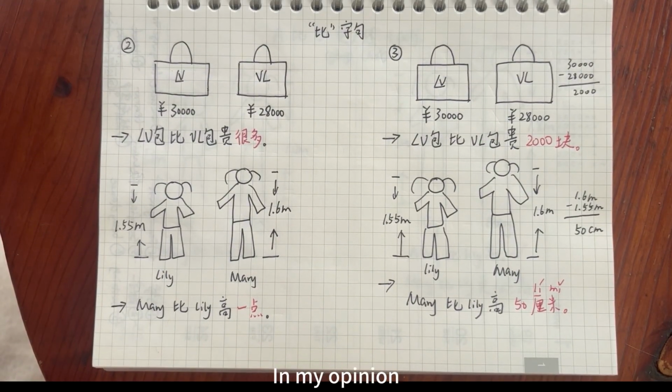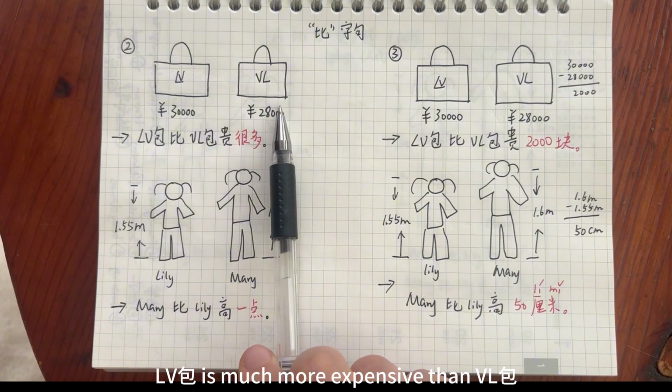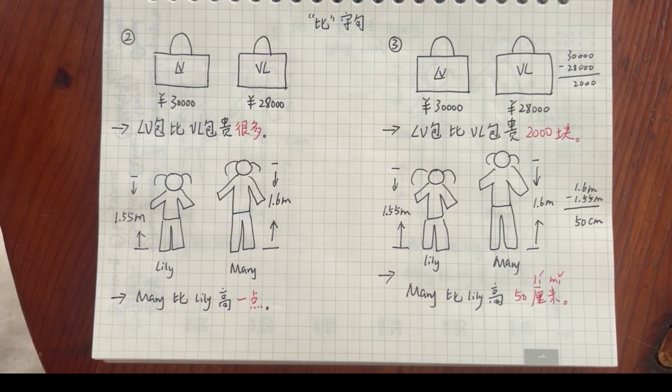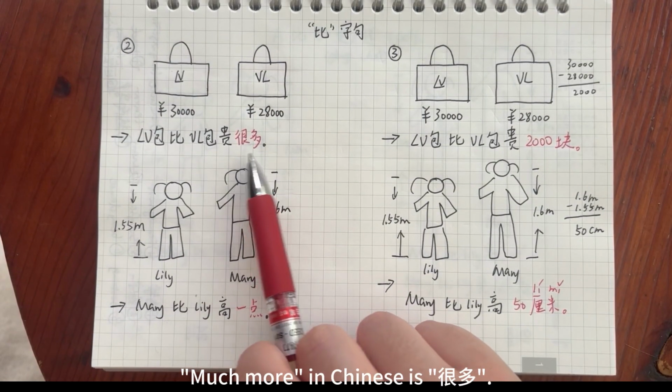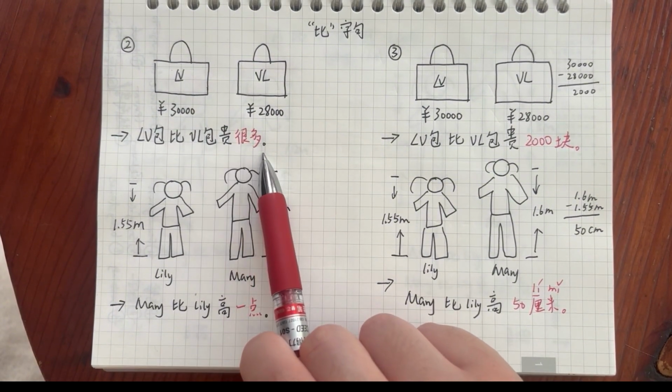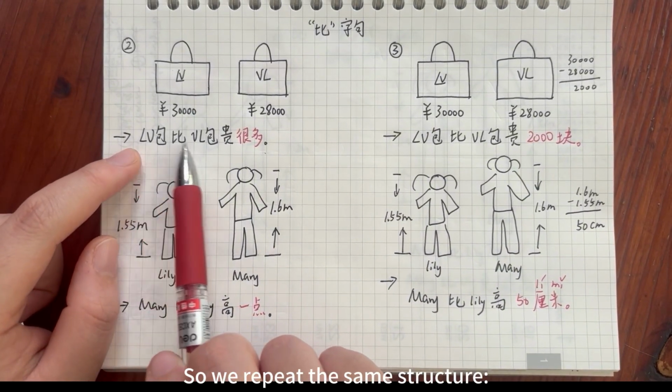In my opinion, LV 包 is much more expensive than VL bag. So much more in Chinese is a lot. A lot in Chinese is called as 很多. So in this case, we repeat the same structure.